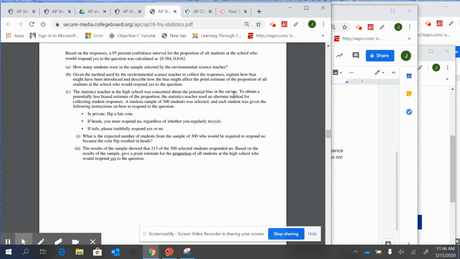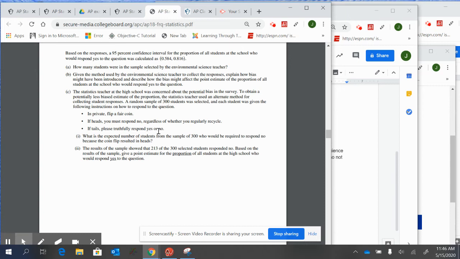Let's see, potential response bias in the survey. So basically a random sample of 300 was selected. They are trying to put in a random sample, which is good. In private, flip a fair coin. If heads, you must respond no. So basically it looks like it's hiding it from the science teacher.